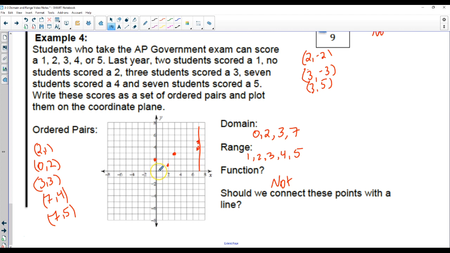We don't have 0.1 students taking this test. Students are only whole numbers, so you can only have an input of 0, of 1, of 2, of 3, of 4, of 5. It's got to be counting numbers because we're talking about actual people. So fractions and decimals don't make sense. So no, because people are whole numbers.